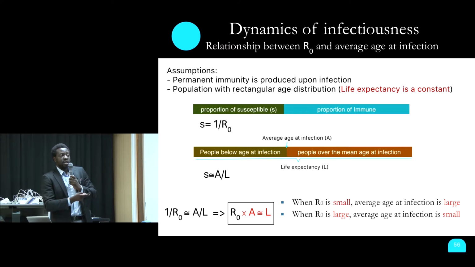Because the susceptible proportion can be estimated by 1 over R naught, and it can also be estimated by the average age at infection over life expectancy, we can come to this relationship between R naught, average age at infection, and life expectancy.